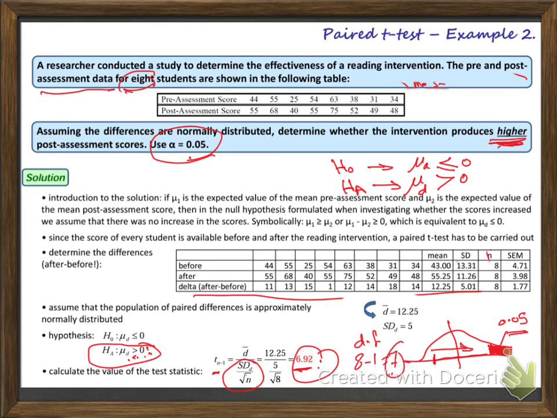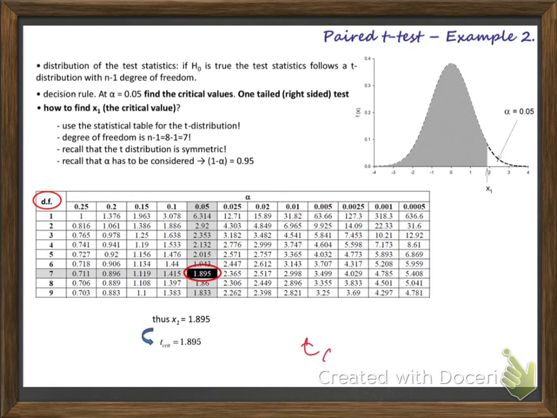So I go with 7 and 0.05 and I find what T is. Here the T calculated is 6.92.